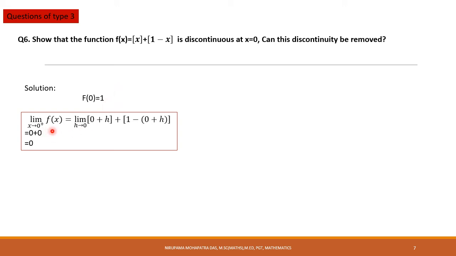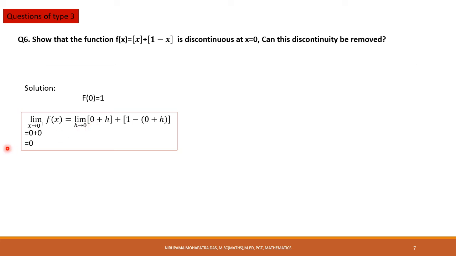And whenever you come to the right hand limit, x approaches 0 plus f(x) equal to, here limit h approaches 0, bracket of 0 plus h, then bracket of 1 minus of 0 plus h. So 0 plus h means it is more than 0 and less than 1.